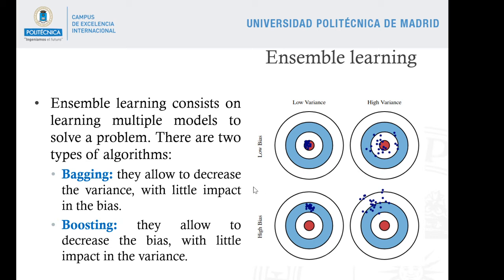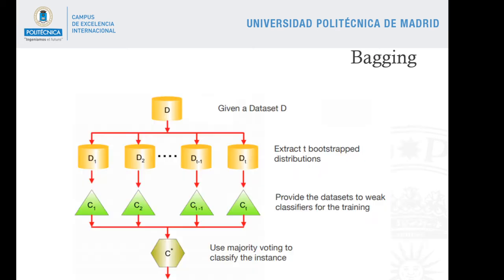We don't have time to focus on boosting algorithms. Here we have the AdaBoost classifier. It's very easy to use, but as I would like to explain it in more detail, I'm not going to use it.